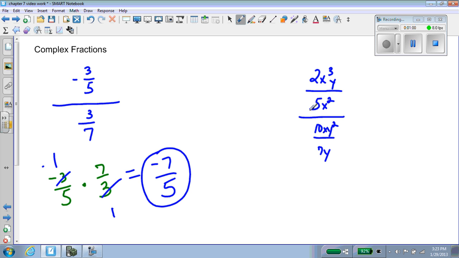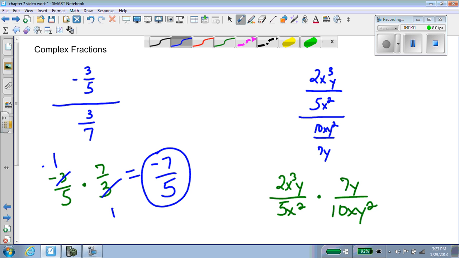And even when they throw in some monomials, it's still going to work in a very similar fashion. I'm going to write this as 2x to the third y over 5x squared divided by, so multiplied by, 7y over 10xy squared.